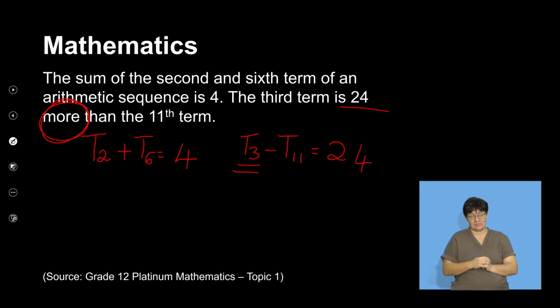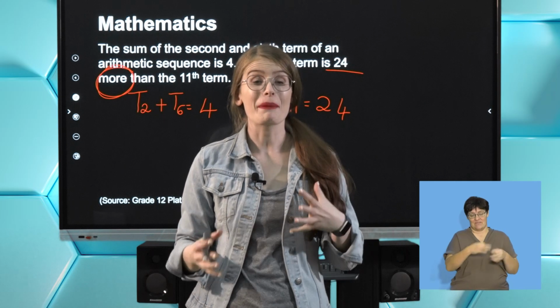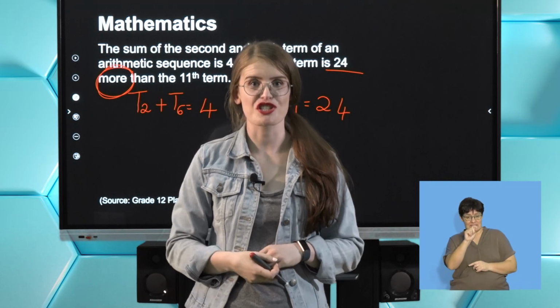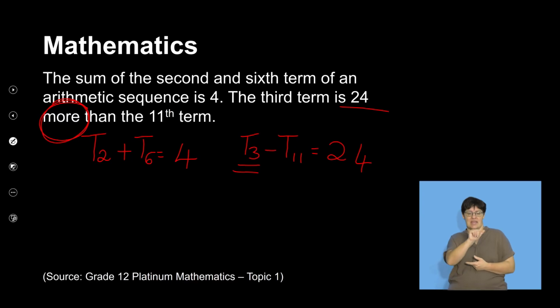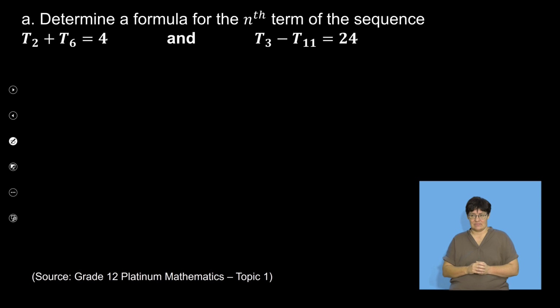So everyone, all that I've done is write down the sentence mathematically using Tn values. Let's now replace those Tn values with expressions for A and D. So T2 plus T6 equals 4.